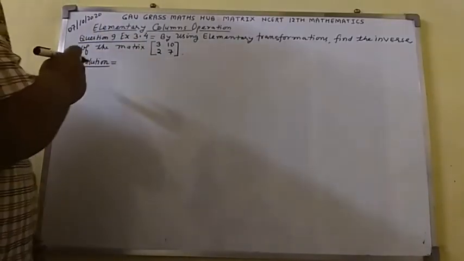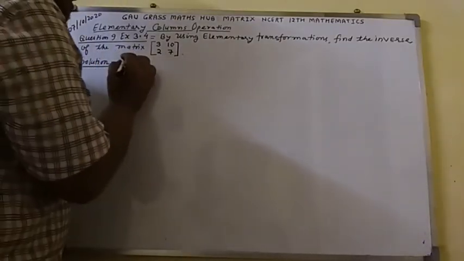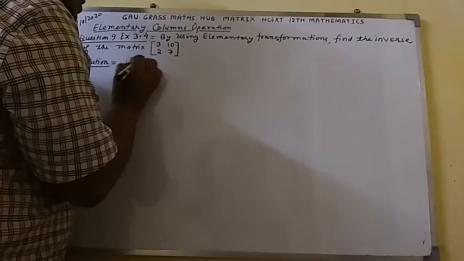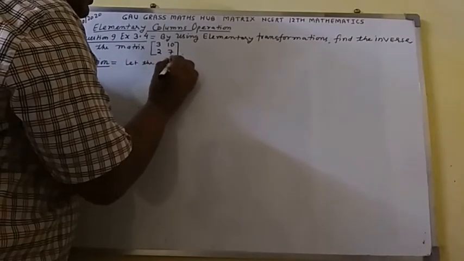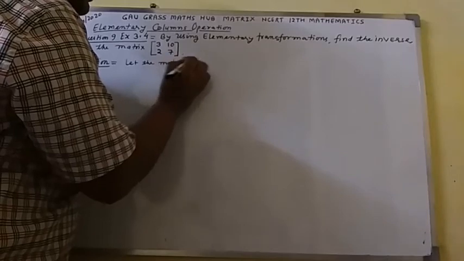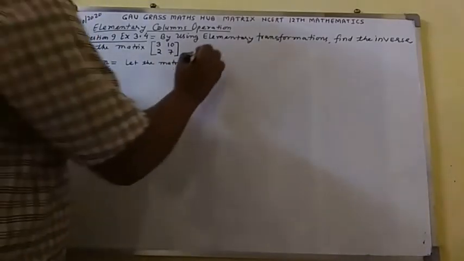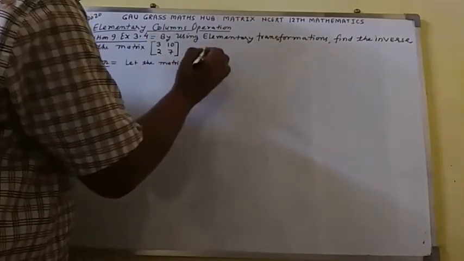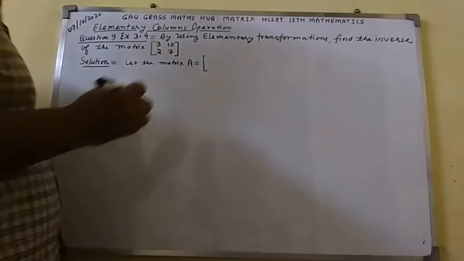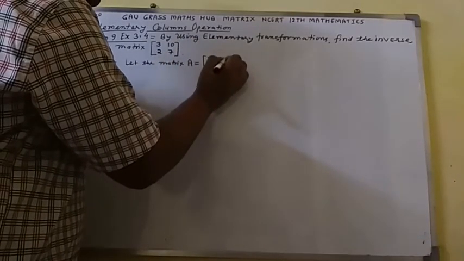So here I have written the solution. Let the matrix A equal to, opening square bracket, the elements of the first row I shall write 3, 10.